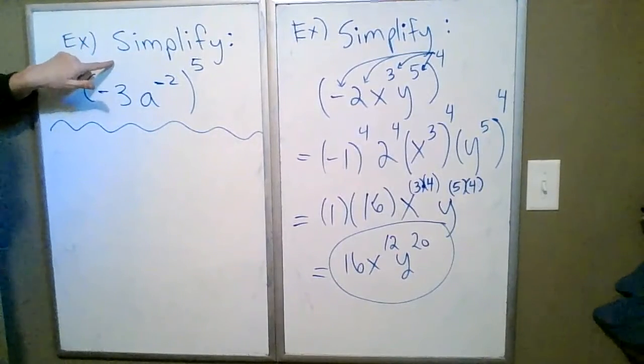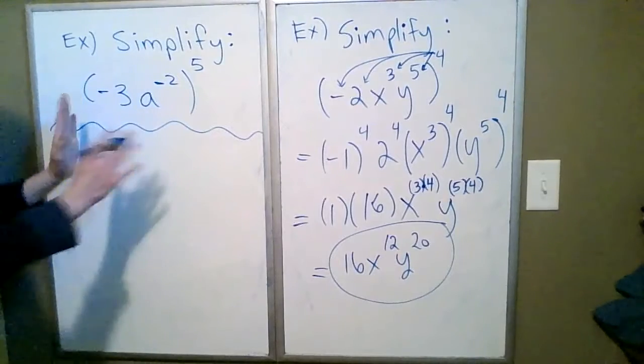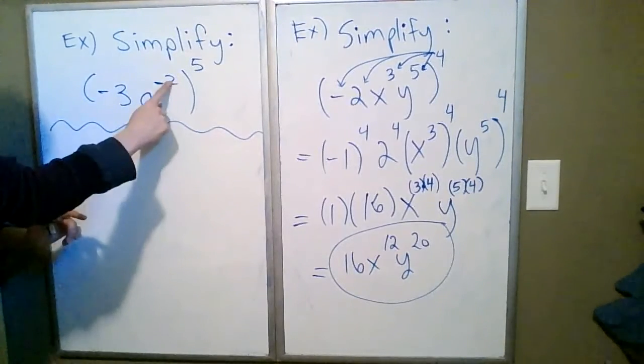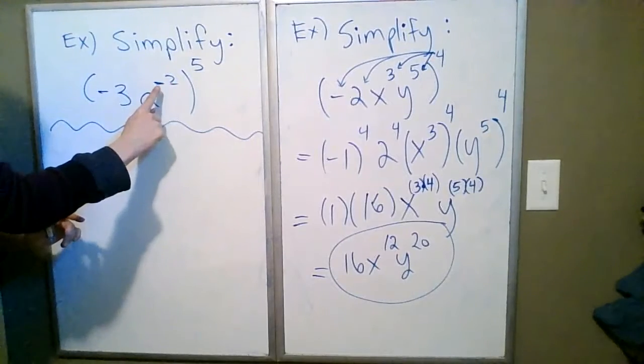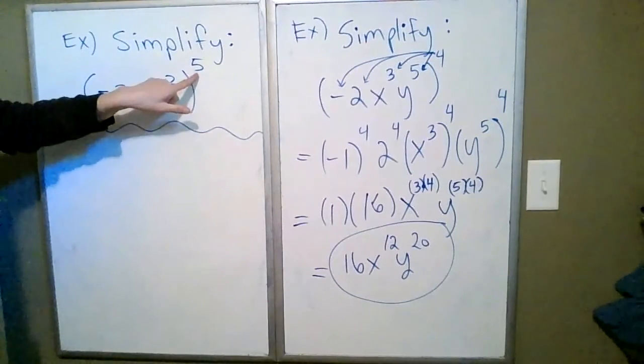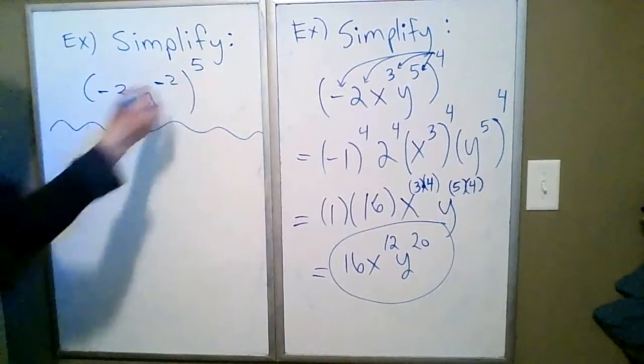When you say simplify, there's no equal sign. You just take this expression and try to make it easier to read and without any negative exponents. So we're going to take the negative, raise it to power 5, 3 to power 5, a to the negative 2 to the 5th.